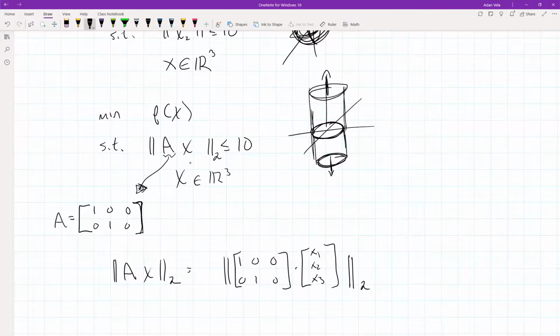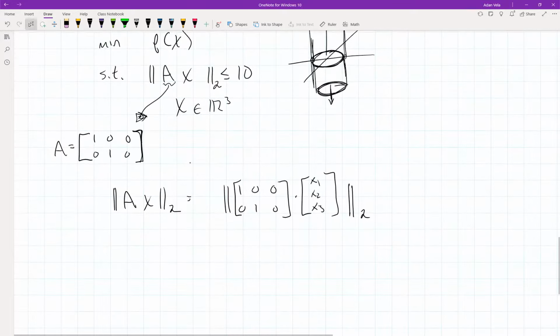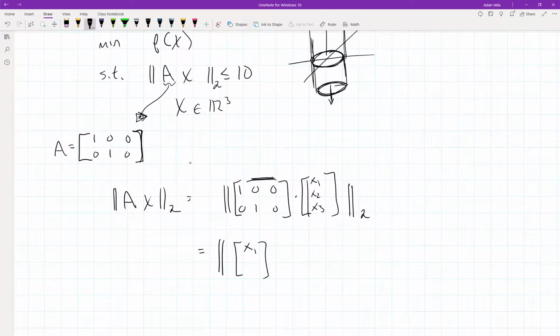And then we're going to take the 2 norm. All right, so let's go through and do this multiplication, right? If we go row times column, for that first row times the column, we have 1 times x1 plus 0 times x2 plus 0 times x3. So we're only pulling out x1.